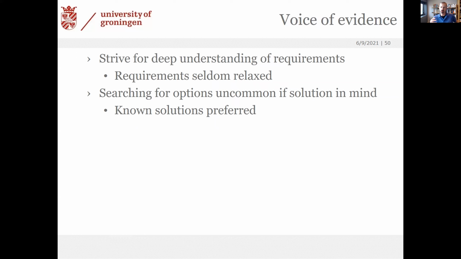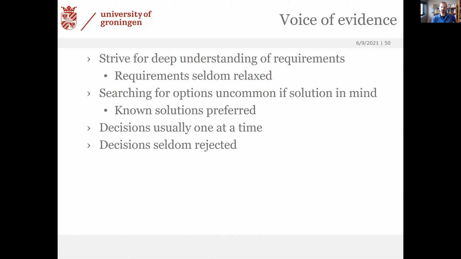So if they are trying to solve a problem and they say, okay, I know that this technology works or this pattern works, usually they stick with that. They don't try to figure out if there is something else that could be a better solution. They usually take one decision at a time, not groups of decisions at the same time. They don't often reject decisions, which, to us, was not very intuitive, but that's what happens in practice.